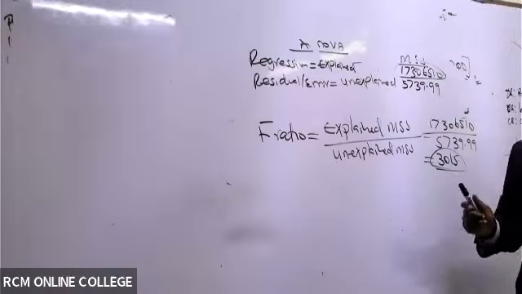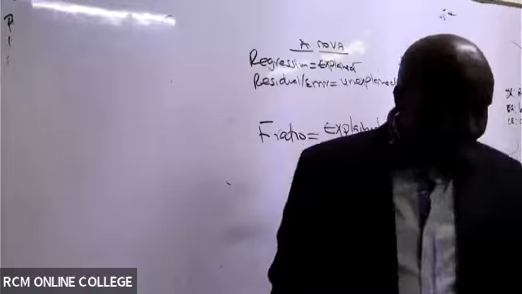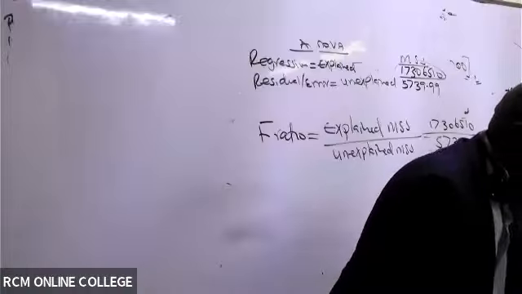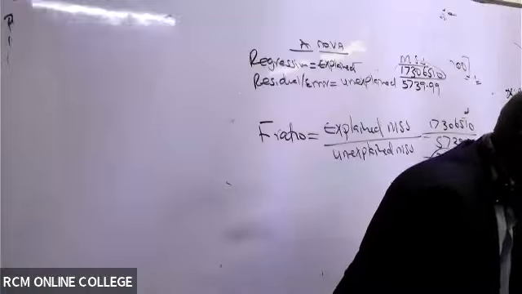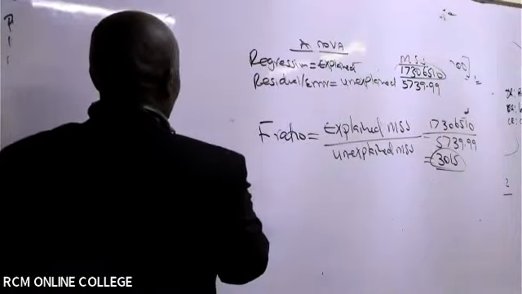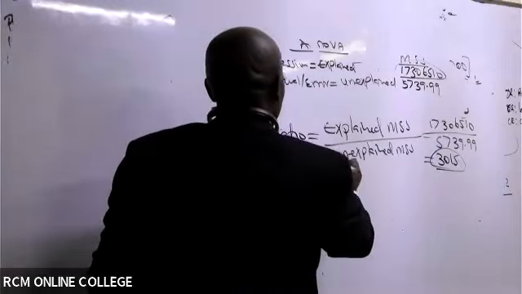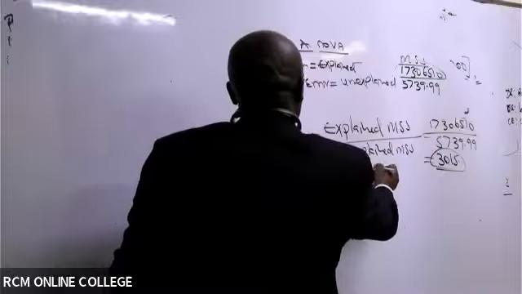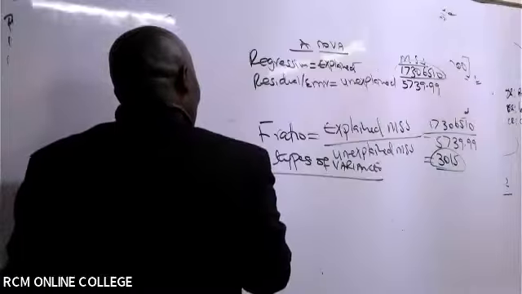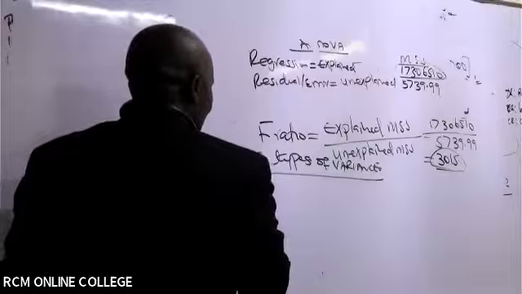You're supposed to know this, that under regression and ANOVA, there are two types of variances, always. Let me write here. We have explained, that's number one, and then number two, unexplained.